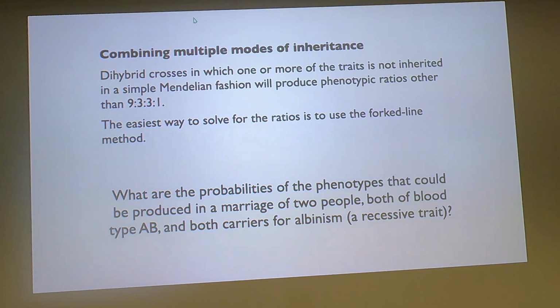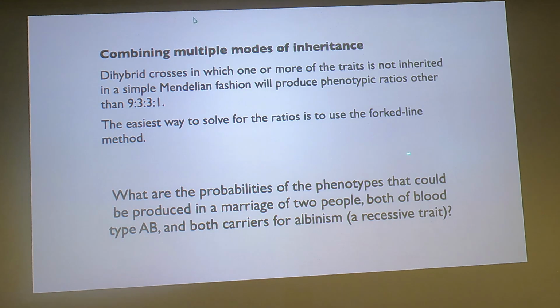So here, for example, if you get dihybrid crosses where one or more of the traits is not inherited in a simple Mendelian fashion, you won't get a 9:3:3:1 ratio. You're not surprised by this, right? If you do a monohybrid, you don't get a 3-to-1 ratio. You're going to get some other ratio if you do a dihybrid cross.